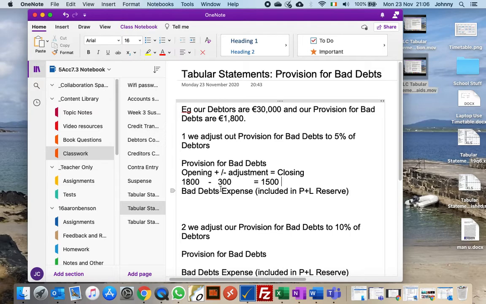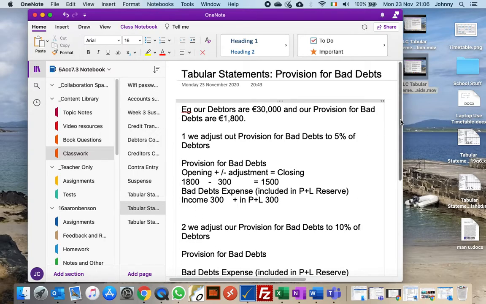So that means we're going to reduce our provision for bad debts, and that's a bit like us saying that bad debts that we had included as expenses in the past didn't actually happen, so we're going to cancel the expense that we expected to have, which means it becomes an income. So we're going to have an income of €300, which means a plus in P&L of 300.